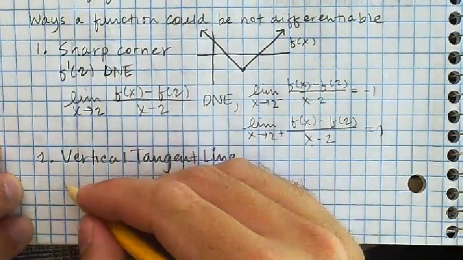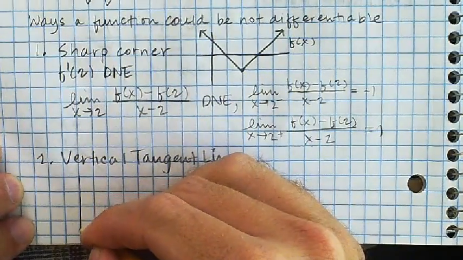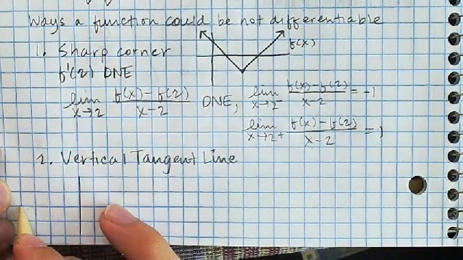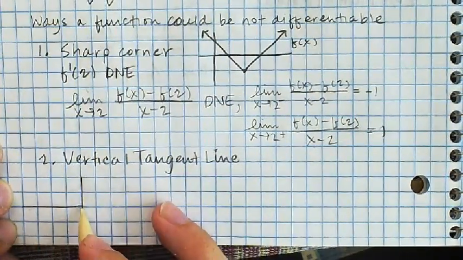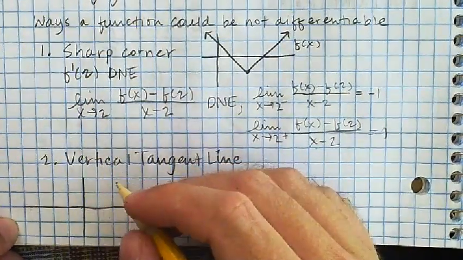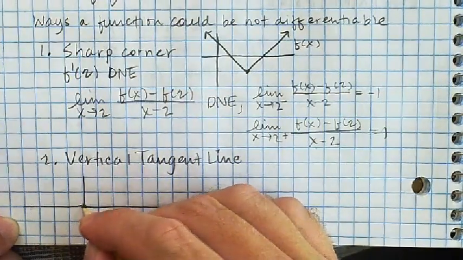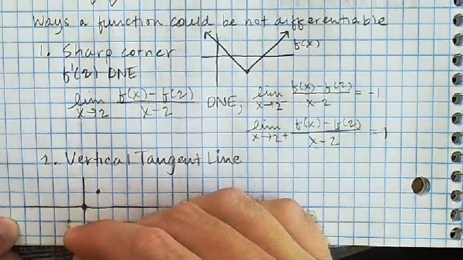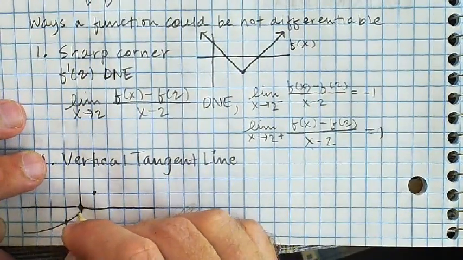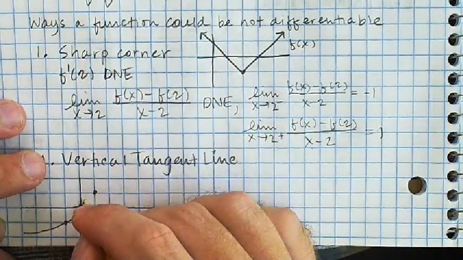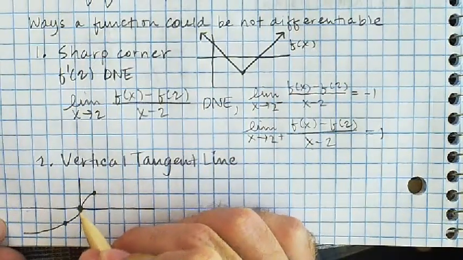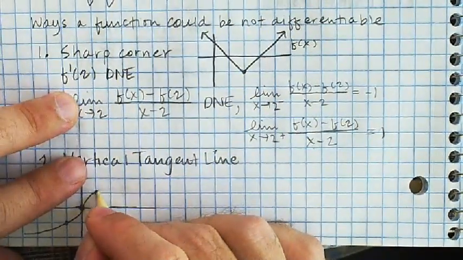The function you are familiar with where this happens is y equals the cube root of x. It goes kind of like this. We don't always draw it the best, but it comes up and it's very vertical, because cube root is related to the graph of x cubed, which is very flat at the origin. I would let you think about that.